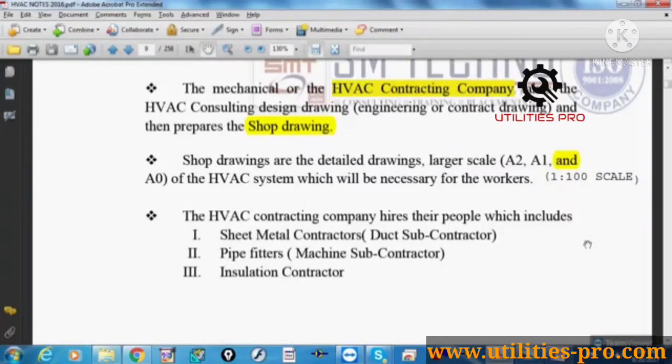Suppose 100 meters, we'll draw 100 meters in CAD, because in CAD the screen is unlimited in all directions. But for print there is some limitation; we don't have big sheets like this room. Suppose I want to print this office, we don't have that big a sheet size. So at the time of print, we reduce the size. So 1:100 means in actual it is 100, but in the drawing it is 1.